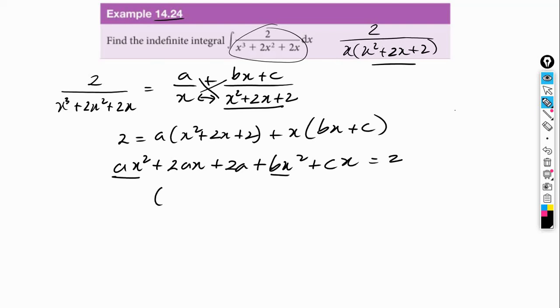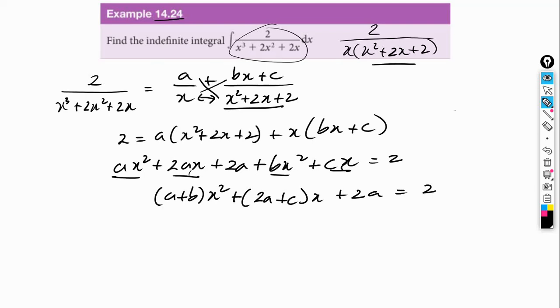So that means that (a plus b) times x squared, and then we have this and this, right? So that's going to imply that this plus (2a plus c) times x plus 2a is equal to 2.